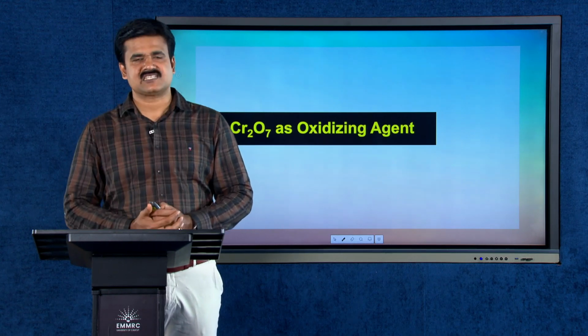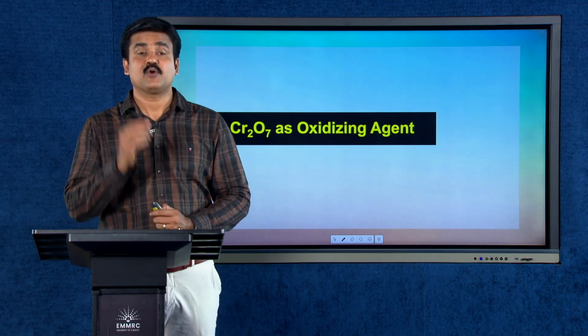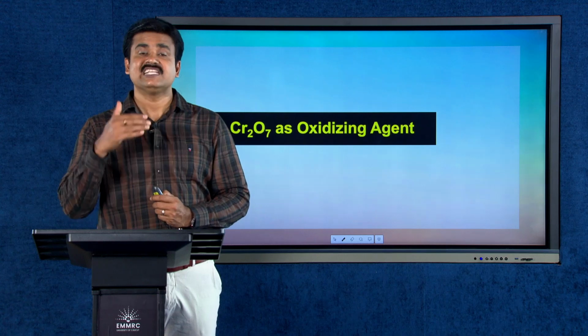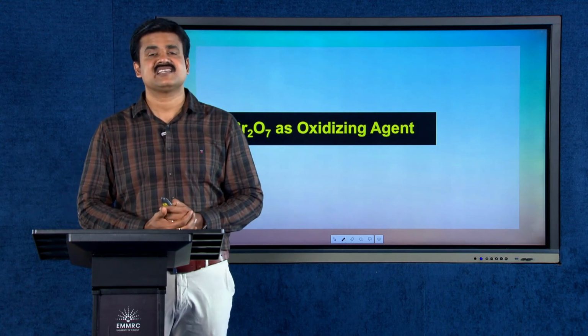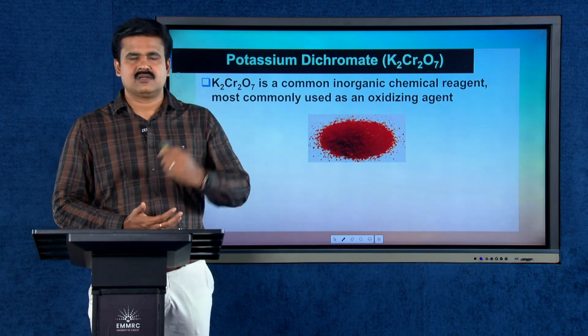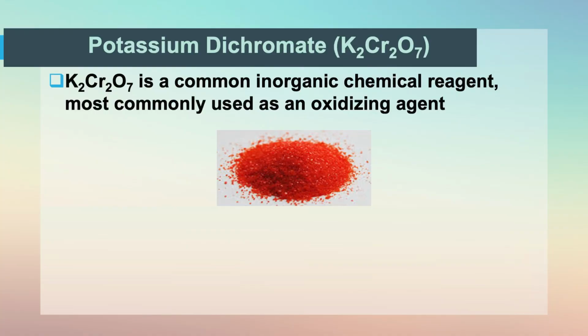In this part of the discussion, we are focusing on potassium dichromate, that is K2Cr2O7, and its performance as an oxidizing agent. Potassium dichromate or K2Cr2O7 is a common inorganic chemical reagent most commonly used as an oxidizing agent.